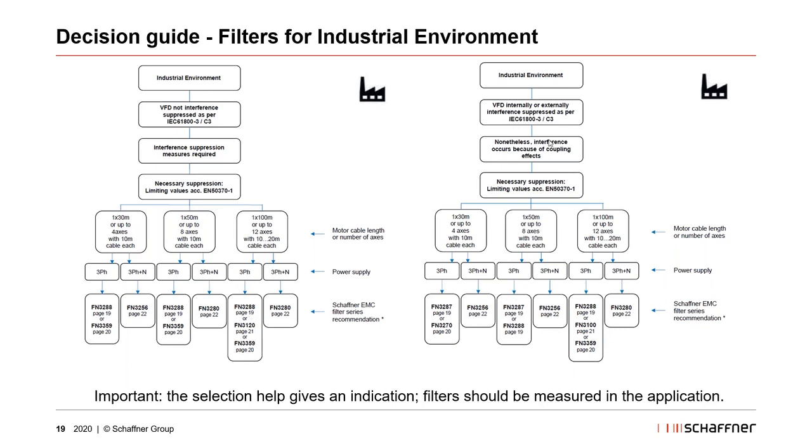This is how the filter selection guide works. You look at which environment you are in, afterwards you see what's already done in your drive system, and then you can select how your drive system is built. At the end, you just need to select 3-phase or 3-phase plus N, and then you directly see the filter model you can use.